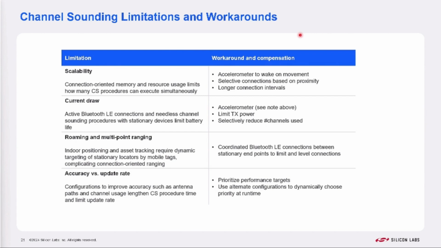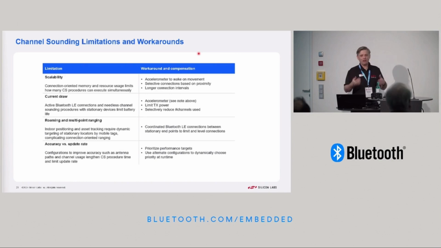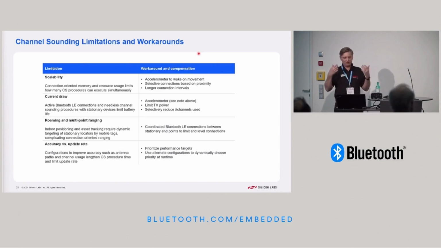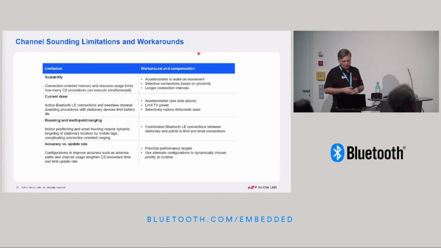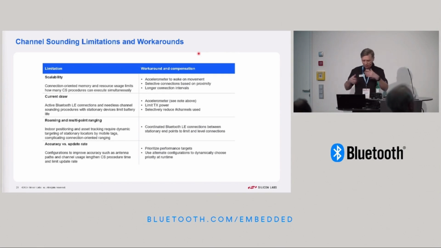So broadly speaking, the way to work around that is to be very selective about the connections you establish. One way to do that is to use an accelerometer. When two objects are stationary, presumably you've already done ranging with those two objects, you know where they are, you should end the connection, go into a low power state, and only wake when motion is detected. And that's being very selective about the connections you make.